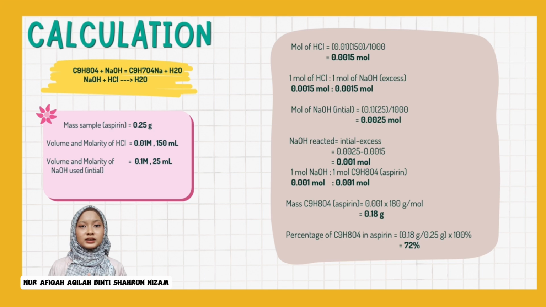To determine the percentage of C9H8O4 in aspirin, multiply 0.18 gram by the mass of the sample and divide by 100 to get 72%. This calculation helps in understanding the chemical composition of aspirin and its potential applications in various industries.